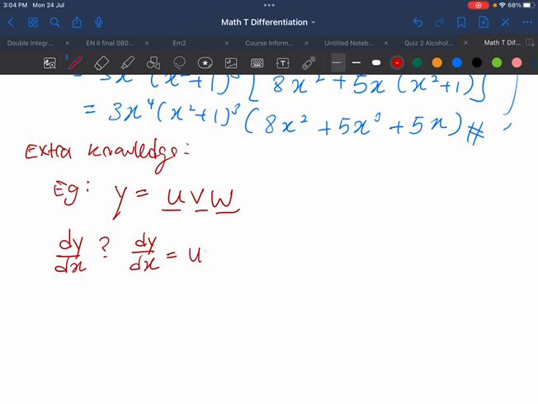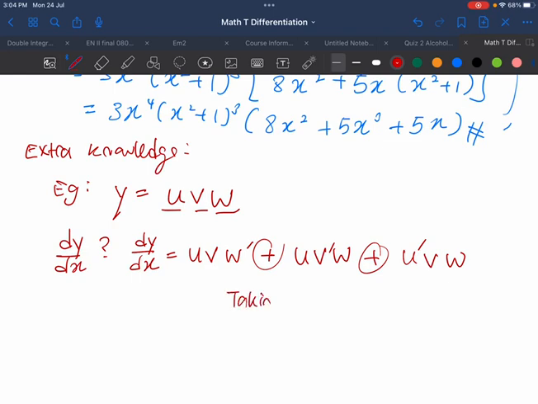So now u is waiting for w to cut his hair, plus UVW. So now v is waiting for u to cut his hair, and we plus. So UVW. Now w will cut his hair. So it's like taking turns. They will take turns to differentiate, and they are good friends, so they will follow when they cut their hair.